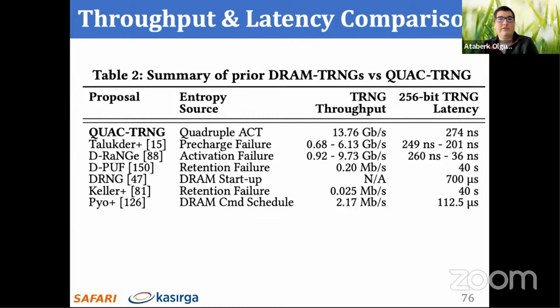Like this 36 nanoseconds for D-range essentially comes from that. You can still, by utilizing multiple banks, reduce this latency, but not as much compared to when you have 4 channels available. Yeah, that makes sense. That increases your per bit throughput, and as a result, you can construct the 256-bit number faster, right? Yeah, exactly.